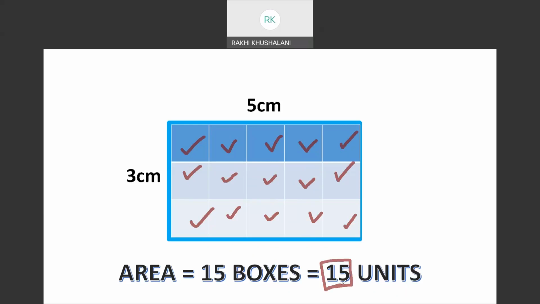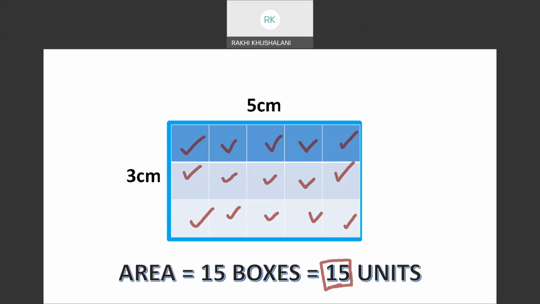Why did I write 15 units? I wrote 15 boxes is equal to 15 units, but here I missed one thing. Not 15 units, I should write 15 square units, because I have filled up the area with squares. So I will not write 15 units, but I will write 15 square units.